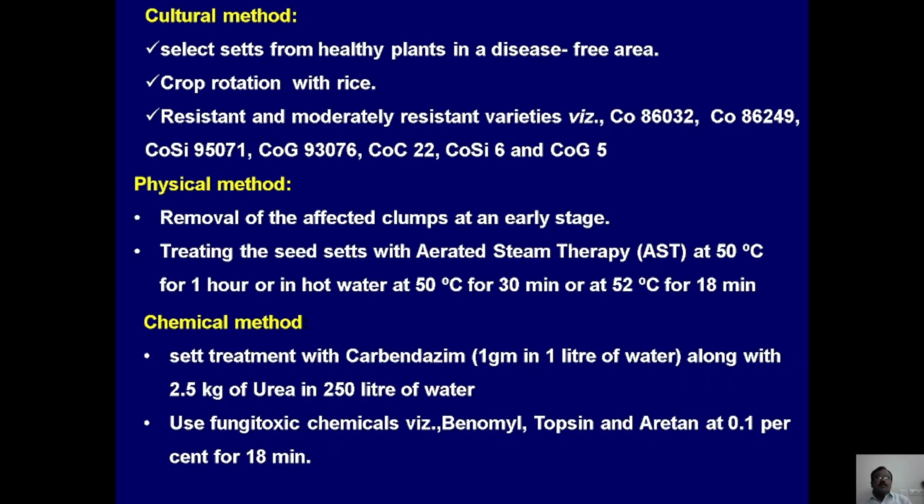In the cultural methods, you have to select healthy, disease free setts collected from a disease free area. If the incidence is very high in a particular field, then go for crop rotation with a non-host crop like rice, and use resistant or moderately resistant varieties like Co 86032, Co 86249, CoSi 95071, CoG 93076, etc., in order to reduce the incidence level.